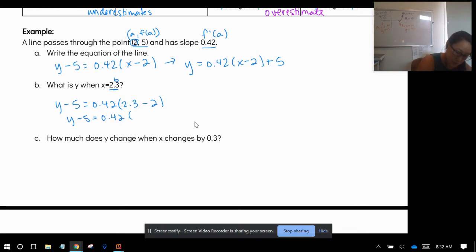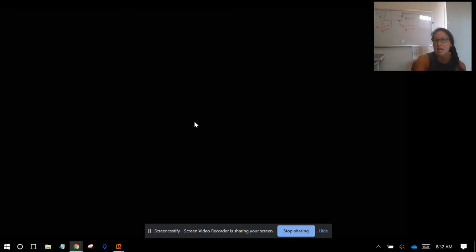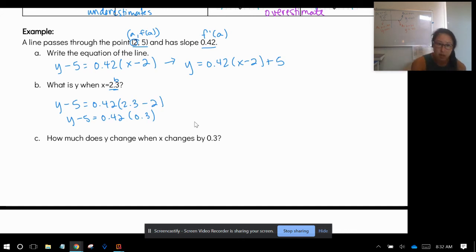So our change in x is 0.3. And then what I get when I solve is 5.126. We estimated, so we need to change our equals to an about equals. So it's about equal to 5.126.